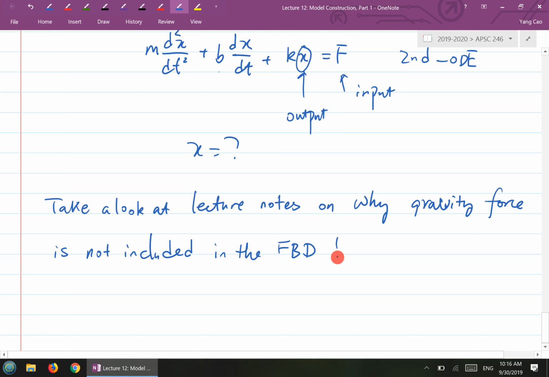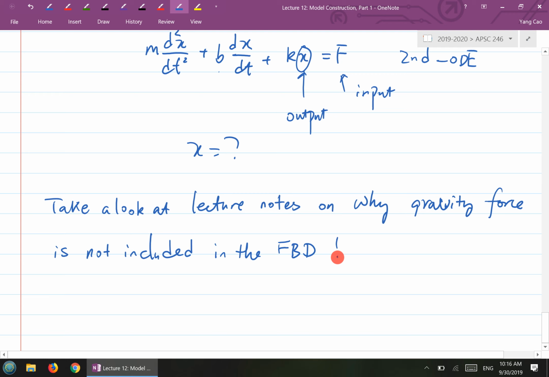It's a very simple explanation. As long as you define your displacement from the equilibrium location, then we don't have to include gravity. Basically, it's cancelled out in the free body diagram. So take a look at that short half page of demonstration of why.